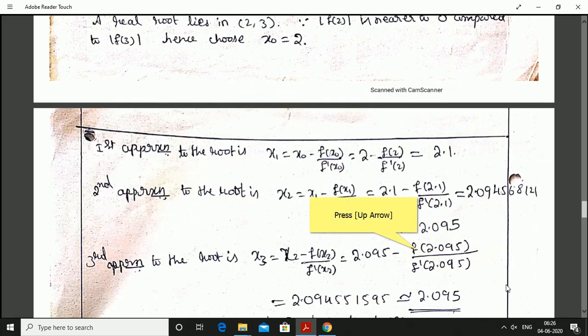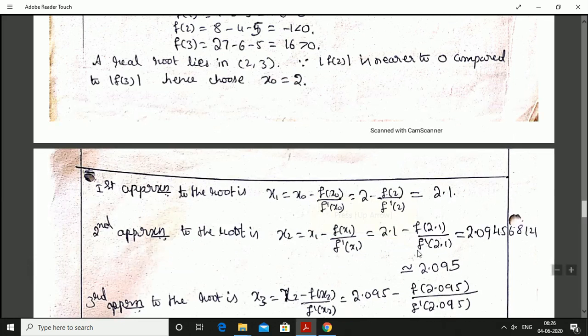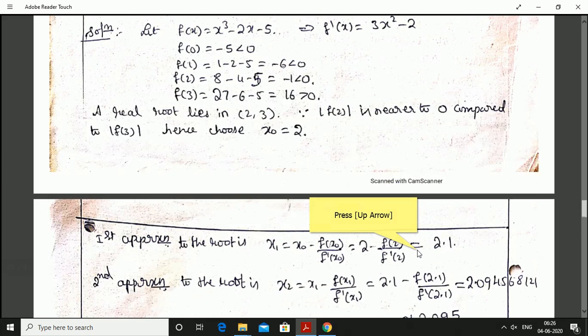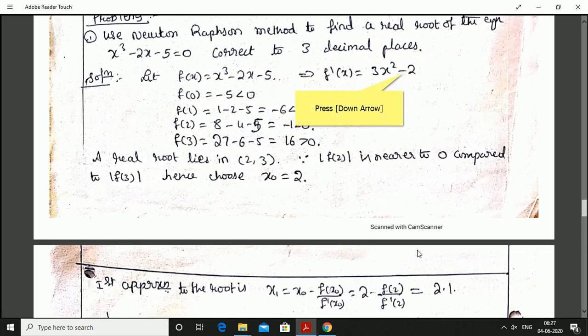Third approximation to the root, x3 is equal to x2 minus f of x2 divided by f dash of x2. x2 is stored in the answer key. So now you press answer minus, open 2 brackets. F of 2.095, look at the f of x: x cube minus 2x minus 5.